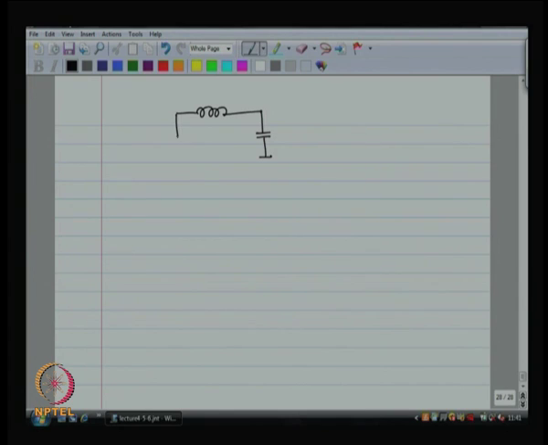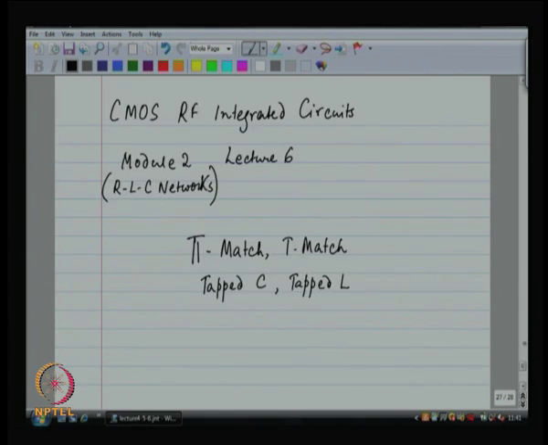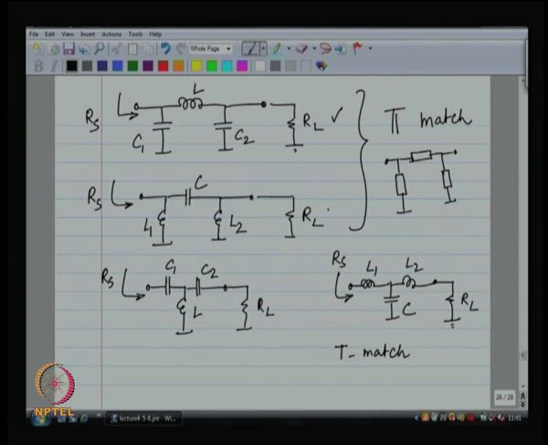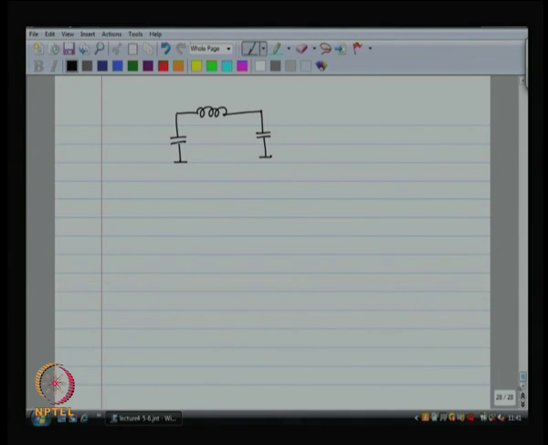I like this particular one, because between this and this, I prefer this for reasons that you will find out soon. So, this is my plan: I have got one inductor and 2 capacitors, and I want the total input impedance looking in from the other end to be equal to R s at omega naught for maximum power transfer, right.